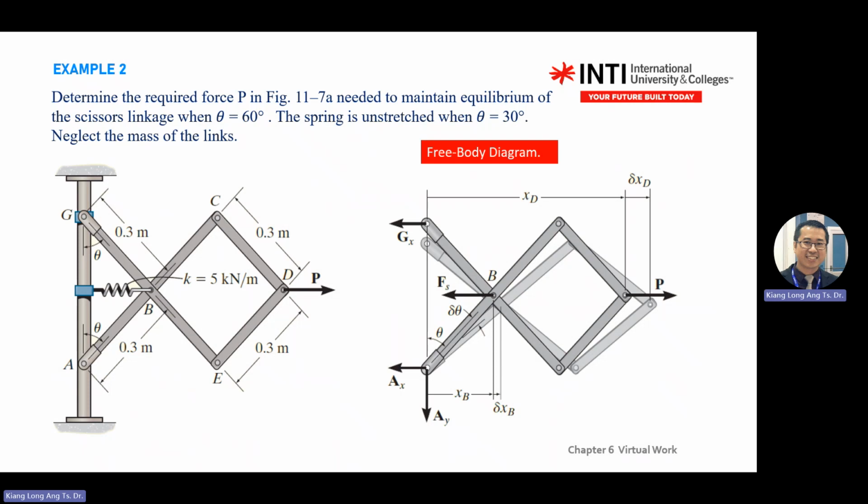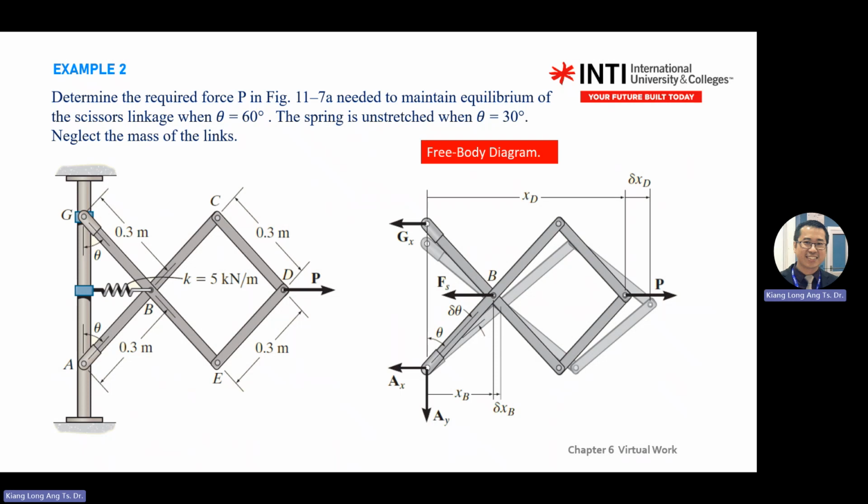Just remember, when you have a pin, another point will move in a circular motion. For circular motion, you can use this arc length as equal to r theta. So there's a small change of delta theta here. This is for the pin rotation.